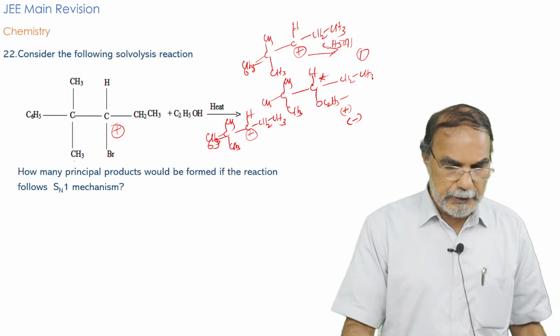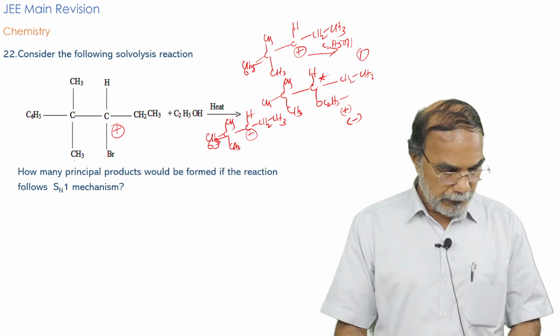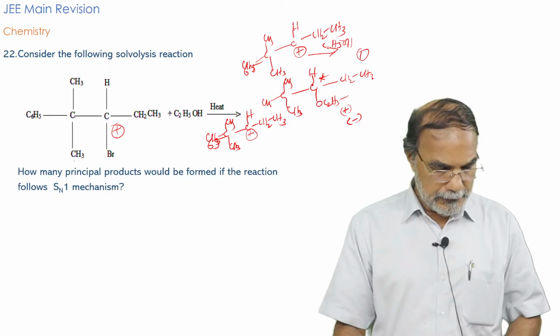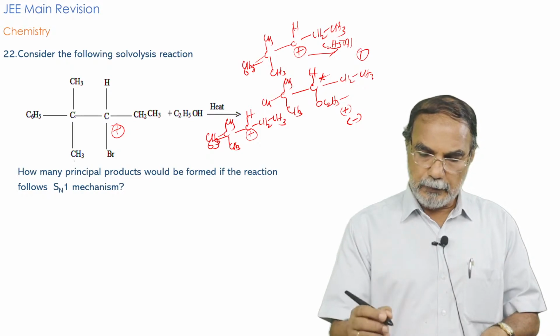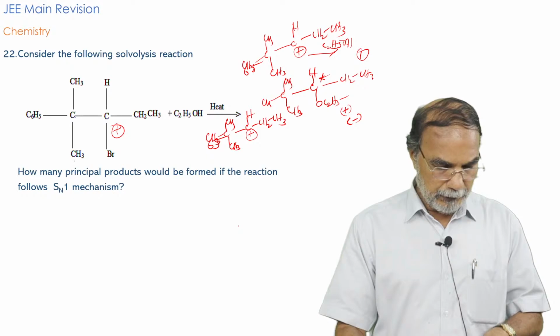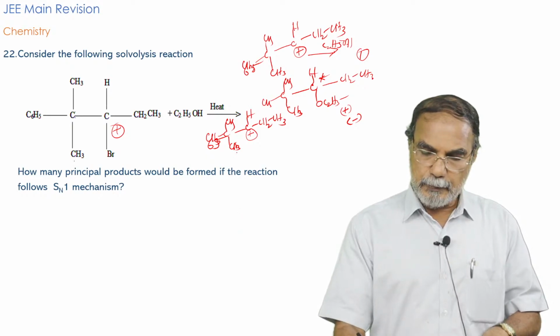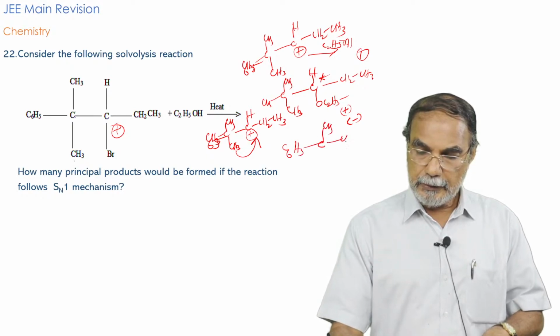Actually, the question is about a solvolysis reaction. With this carbocation, if it undergoes a rearrangement in which this methyl group migrates to this position, you have C6H5, CH3, then CH3, CH2CH3.